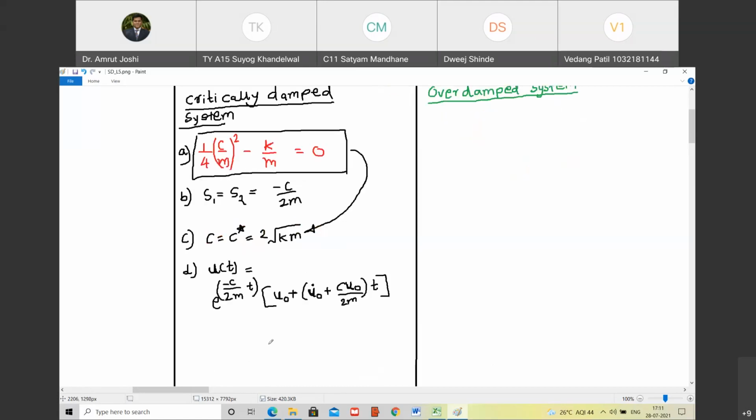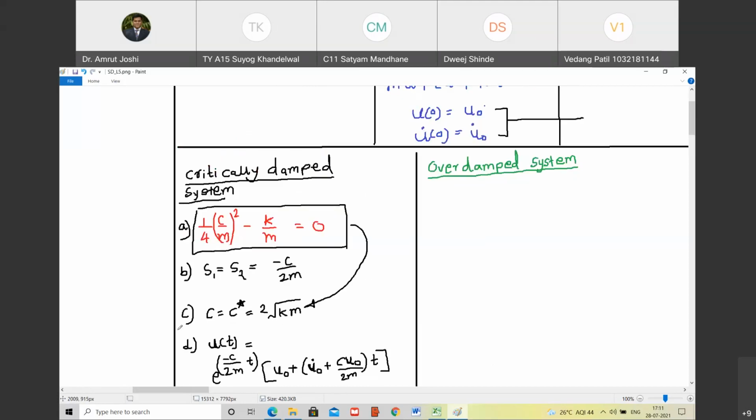And then what is the solution? Solution we have already found out. I have written it here. u of t, that means u as a function of t, can be written as e raised to minus c by 2m, where c now I will write as c star because it is now critical damping. So here also I will write it as c star.